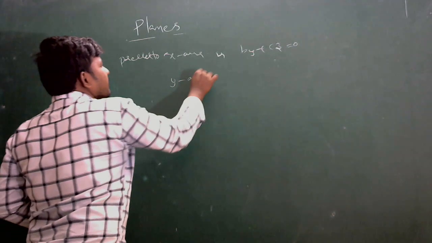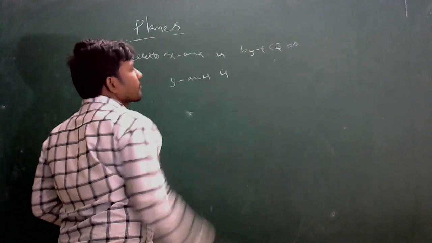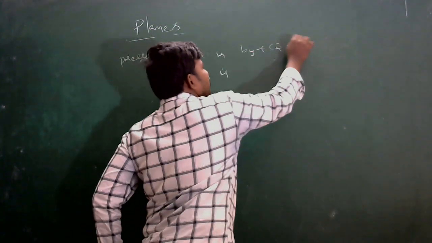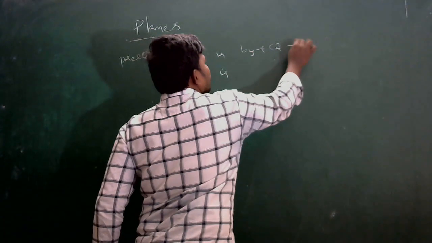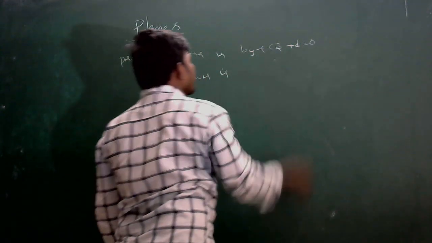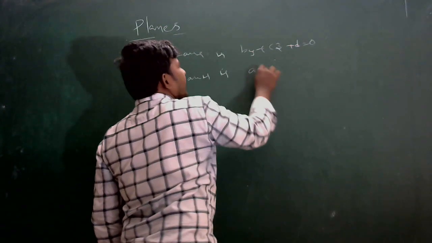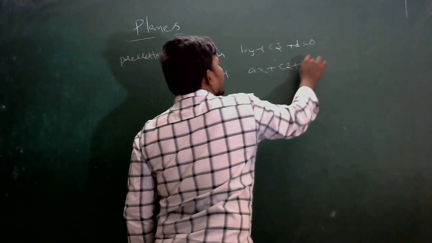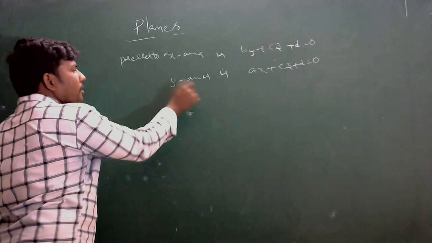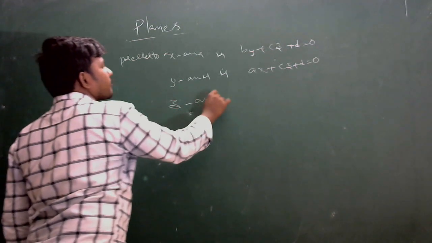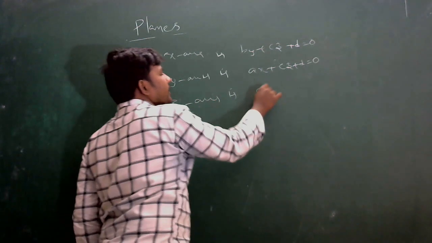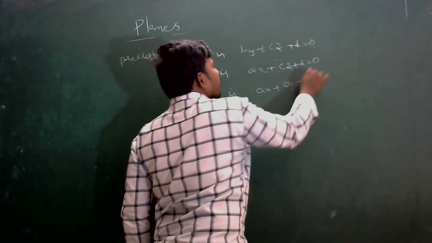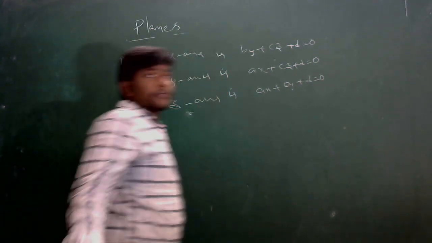Parallel to the y-axis is ax + cz + b = 0. Parallel to the z-axis is ax + by + b = 0.